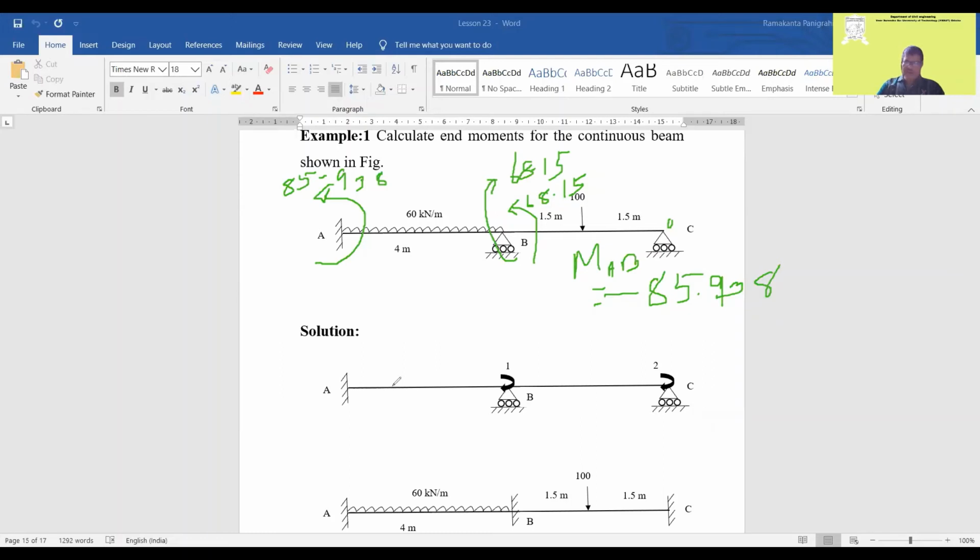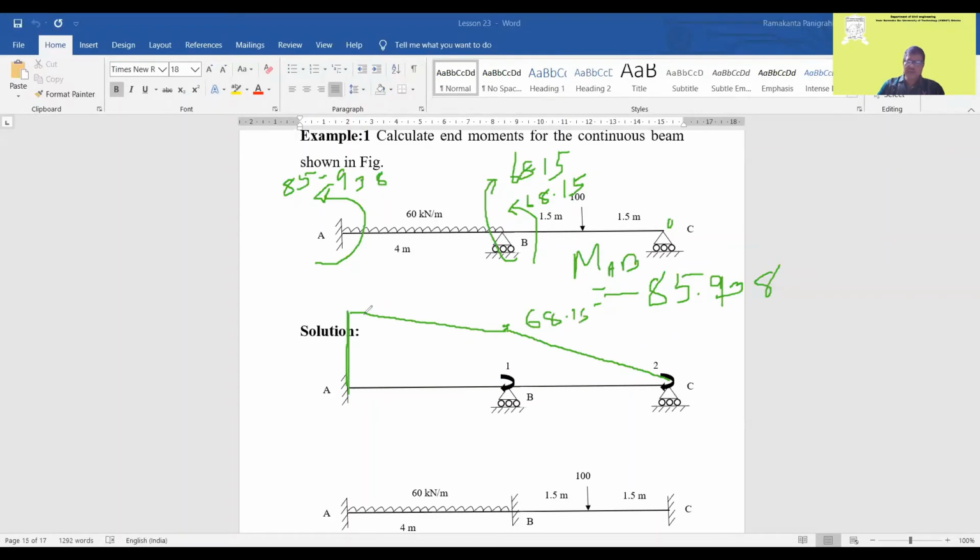This is the beam now. 85.938 I have got here, 85.938. Here is 68.15. This will come down here, and it comes down to 0. Right? So these are your member moments at the joints.